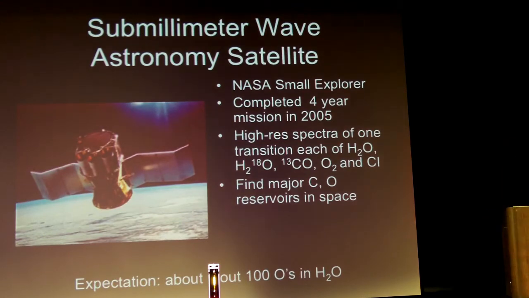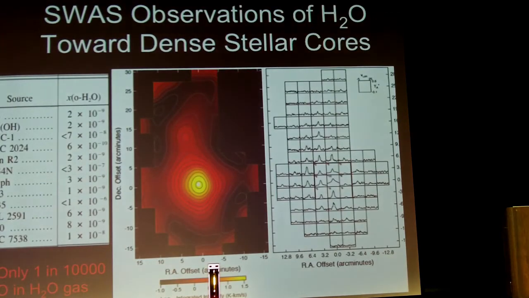And so it pointed itself towards regions where we would expect the cold chemistry to be the dominant chemistry that was going on. And the expectation of the cold chemistry is that about 1 out of every 100 oxygens would be in water in the clouds at large. So we pointed this thing at dozens of star-forming regions.